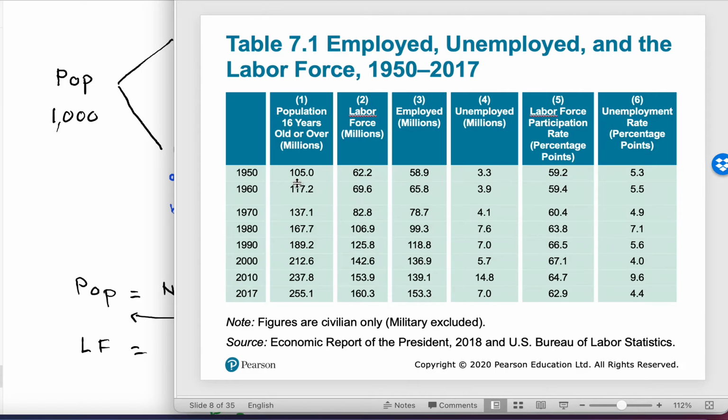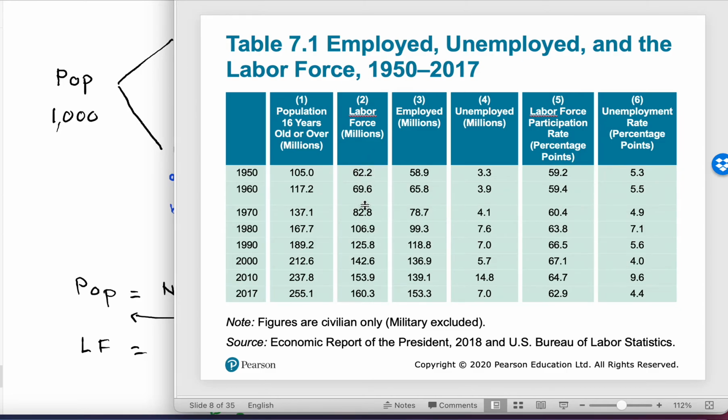In 1950, the 16 plus population was 105 million, whereas in 2017 it is 255 million. The children have actually already been taken out, 16 minus is already taken out. So 255 million is the US population in year 2017.